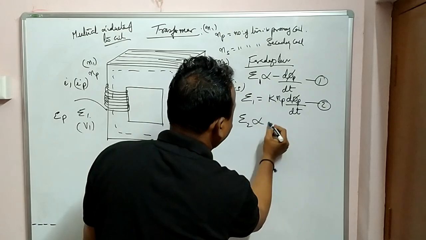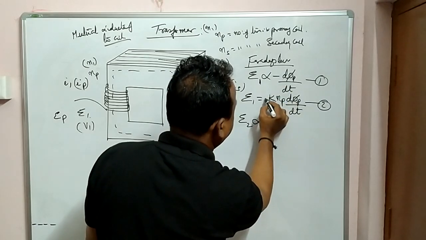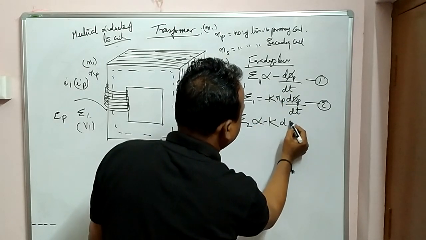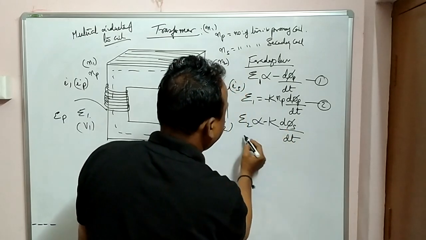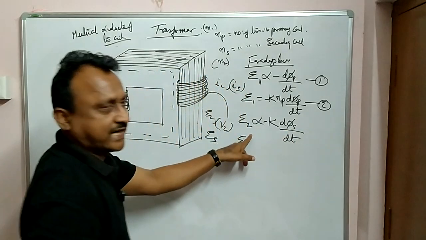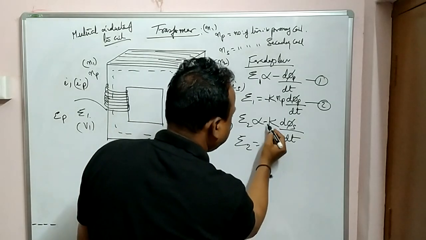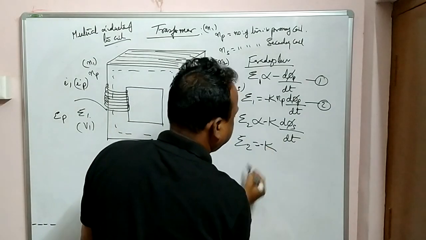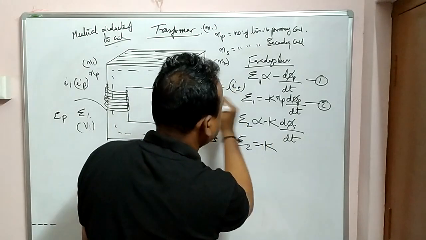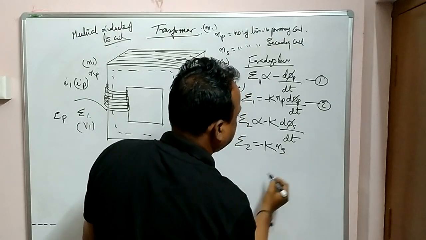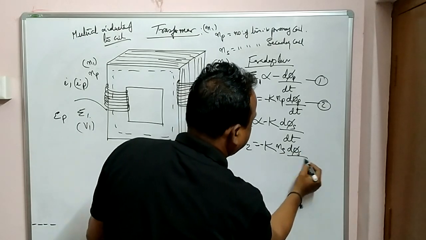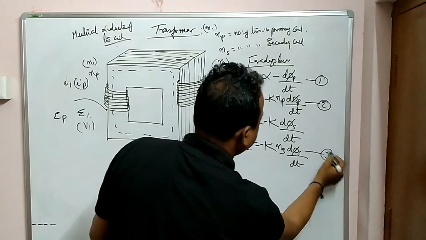Induced EMF is directly proportional to minus d phi secondary by dt, the minus due to Lenz's law. You can take this as E2 or secondary. Removing the proportion, introduce a constant K, minus because of Lenz's law, and number of turns N2 or N secondary, into d phi secondary by dt. Equation 3.